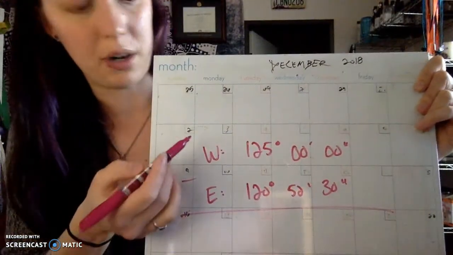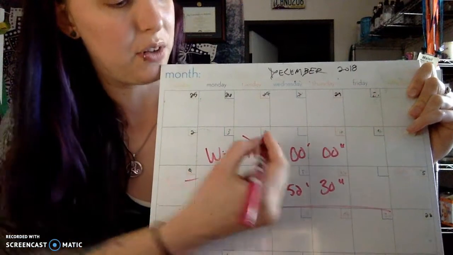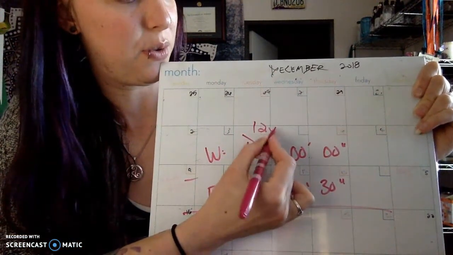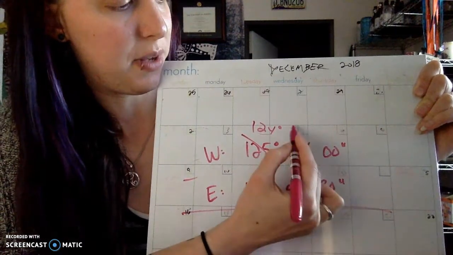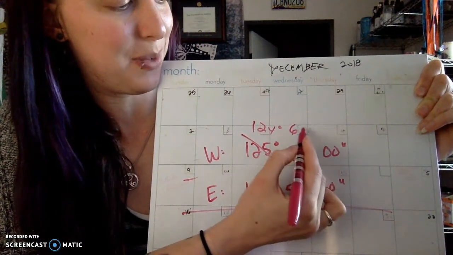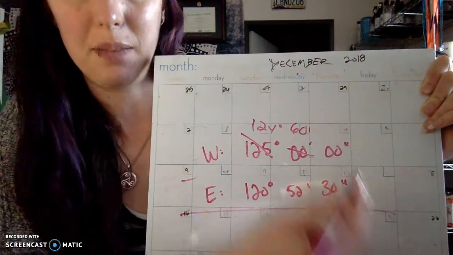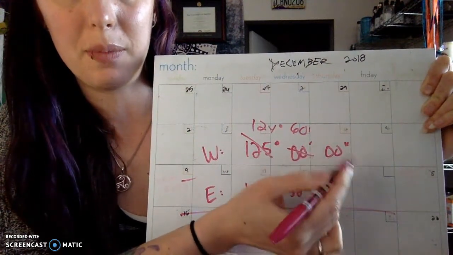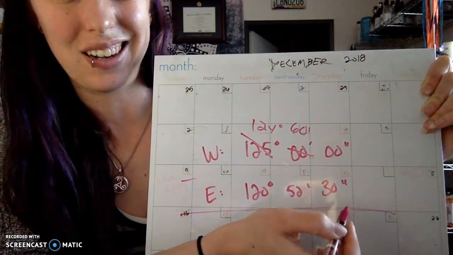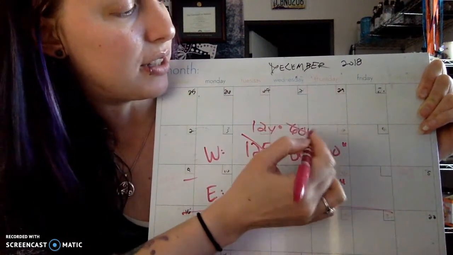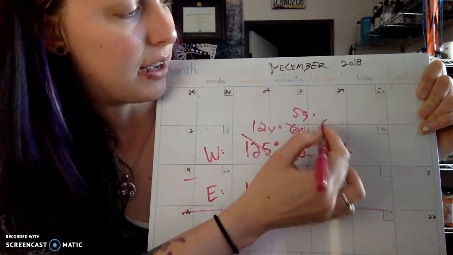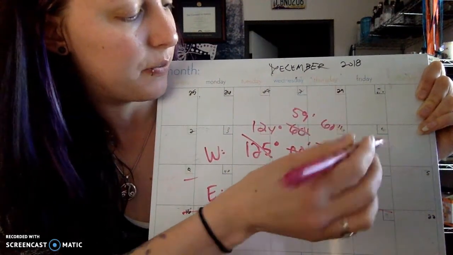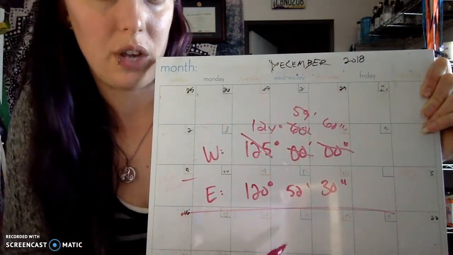Okay, so do some borrowing. So 125 degrees then becomes 124 degrees. 0 minutes becomes 60 minutes. But we still need to borrow another minute because our seconds is still trying to be negative. So we instead make that 59 minutes and 60 seconds. So this is all still true, correct?